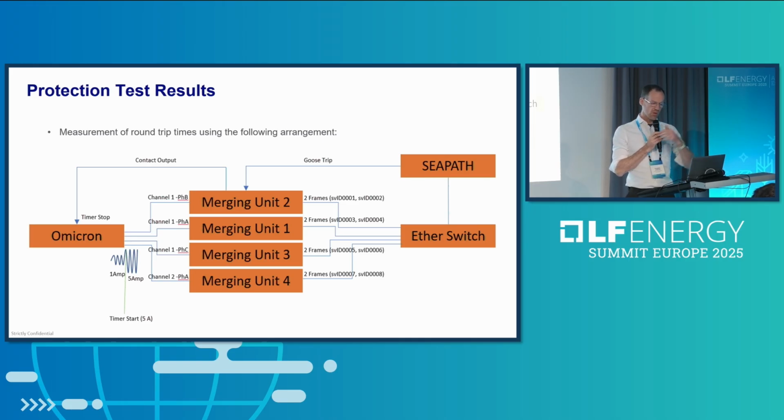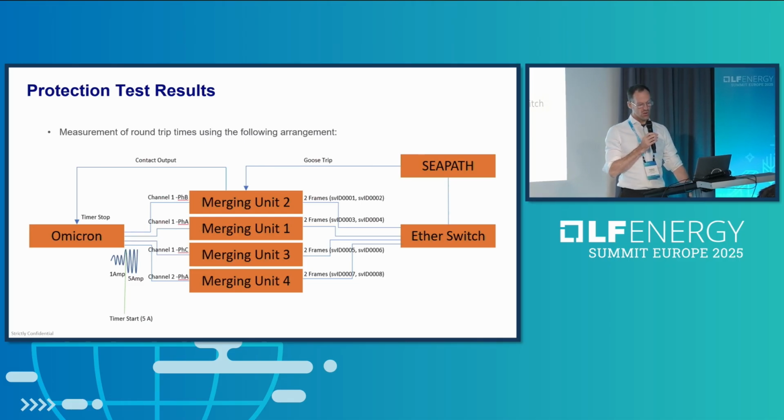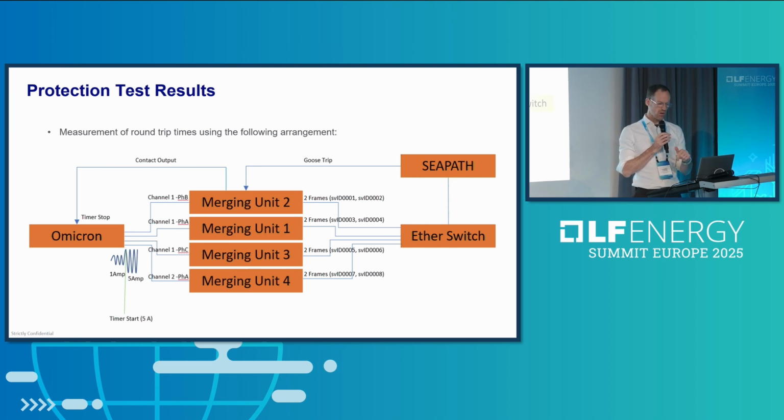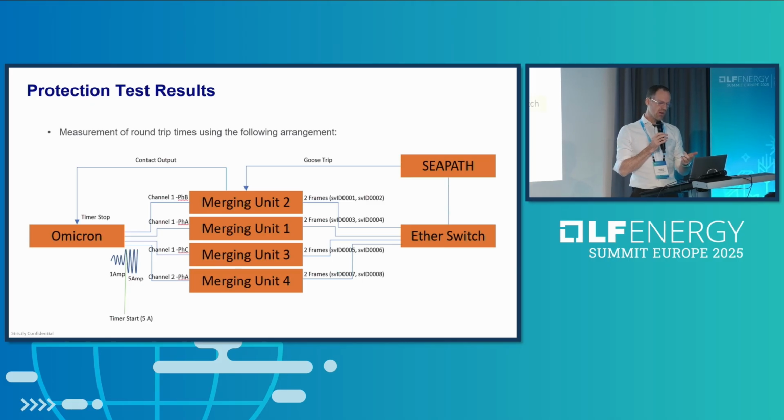The merging units would do the A to D conversion and publish the sampled values onto the process bus via the Ethernet switch, through Seapath to the sampled value processor, and that would then communicate with the protection Docker application that would detect the overcurrent condition and issue a trip GOOSE back down the stack through the Ethernet switch to the merging unit. The merging unit publishes the trip signal, and Omicron records the round trip time. So that was the approach we'd taken to validate.